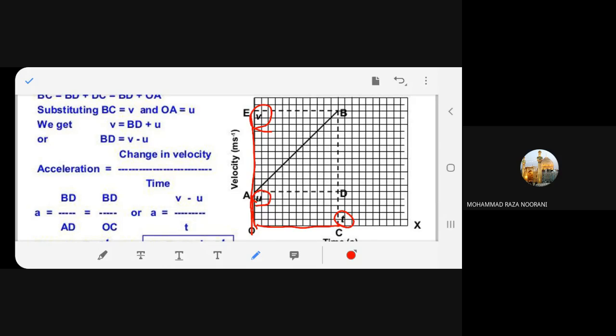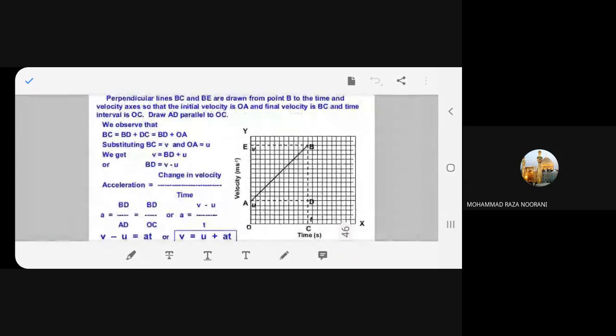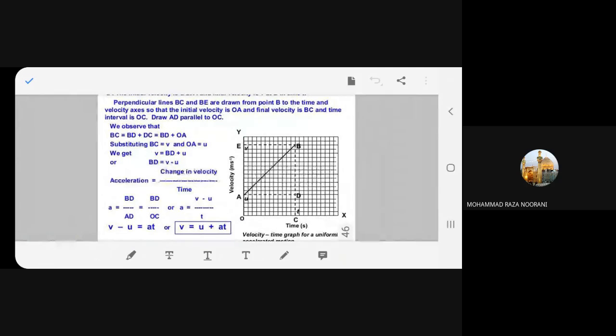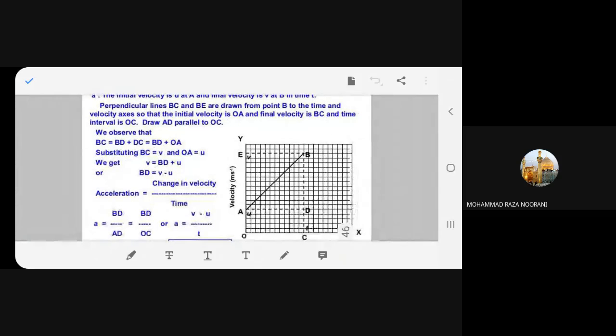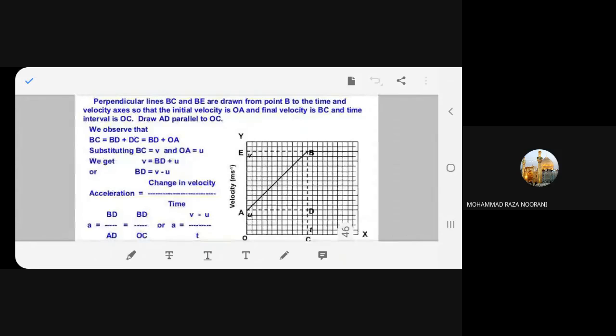Yes, ma'am. Can you see properly? Can you see the graph? Yes. Okay.